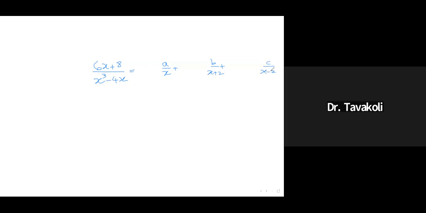So I multiply both sides by x times x plus 2 times x minus 2, which is the factorized form of x cubed minus 4x. So on the right side, I have three terms. Each of these three terms is multiplied by the same thing, x times x plus 2 times x minus 2.